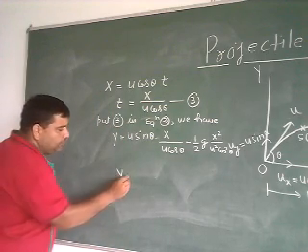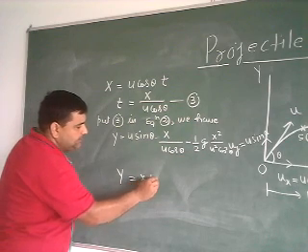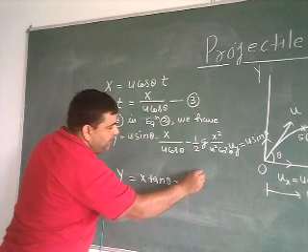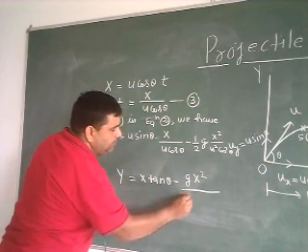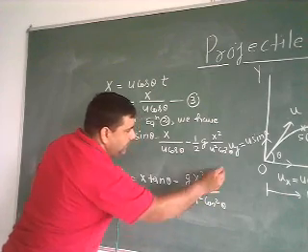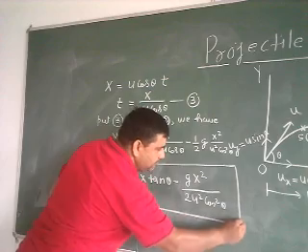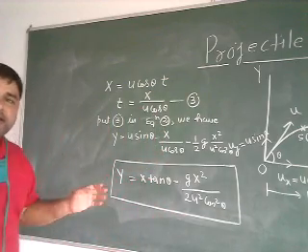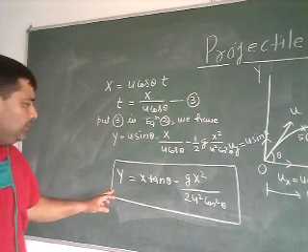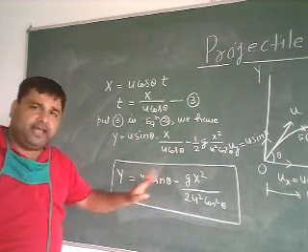This gives you y is equal to x tan theta minus g x square upon 2u square cos square theta. If you analyze this equation, you see this equation is linear in y and quadratic in x.